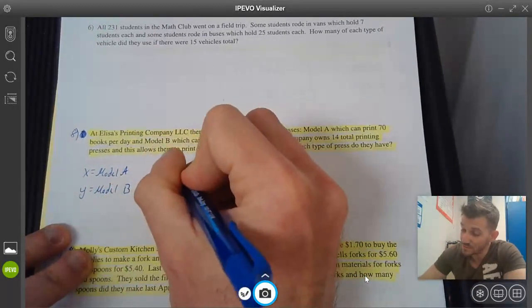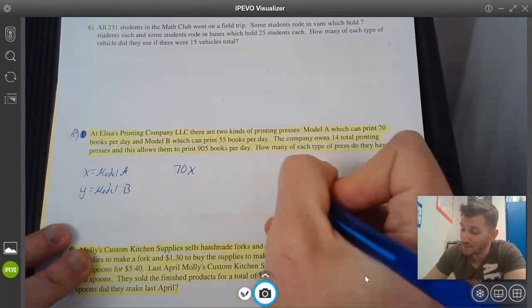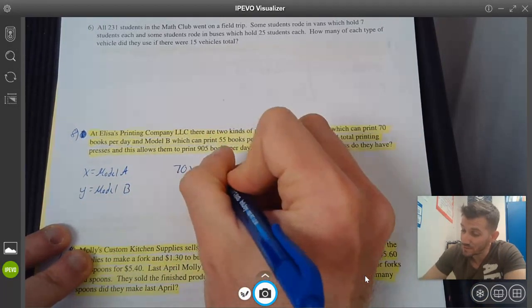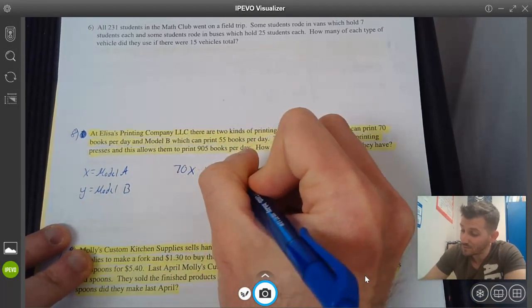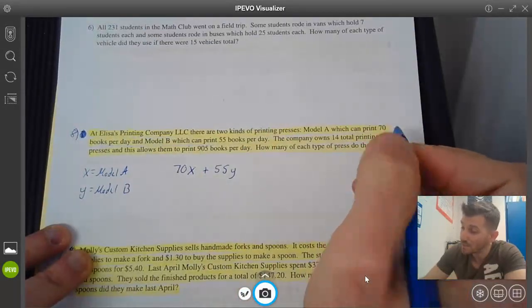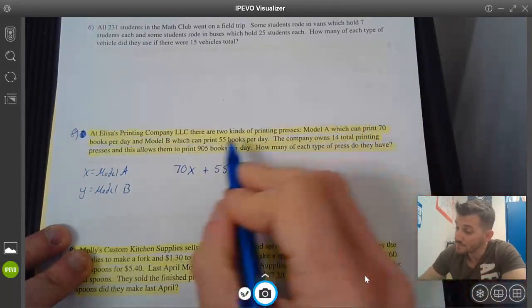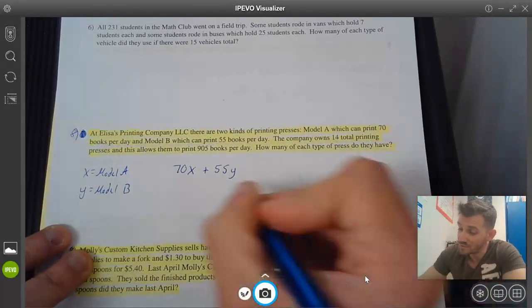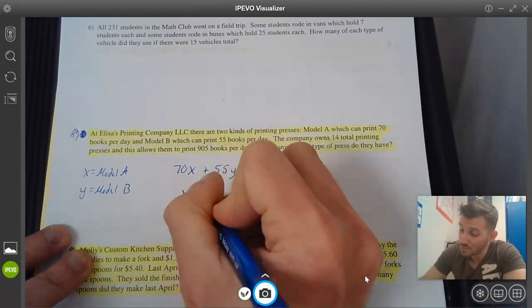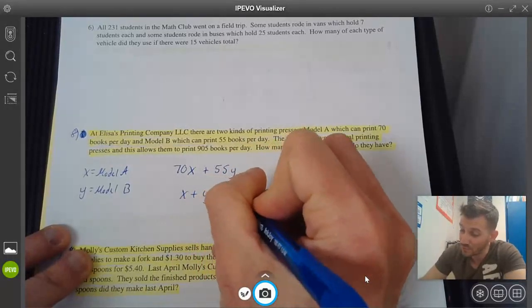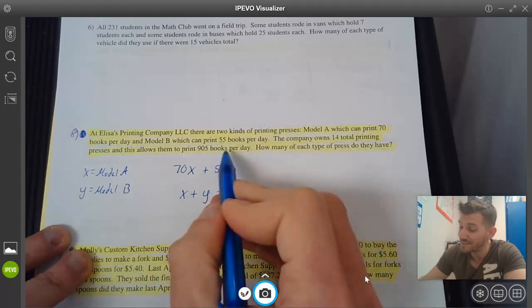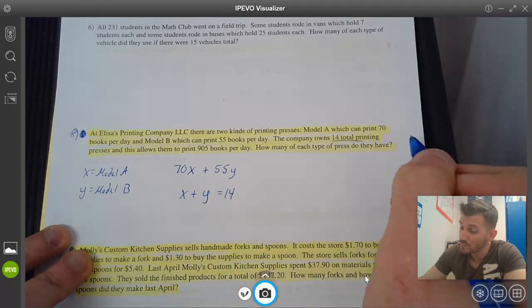So Model A, 70 books every X. And B is 55 per day, plus 55 for every Y. Okay. They own a total of 14 printing presses, so I know that X plus Y has to total 14. Right? Model A's and Model B's together, there's 14 total.